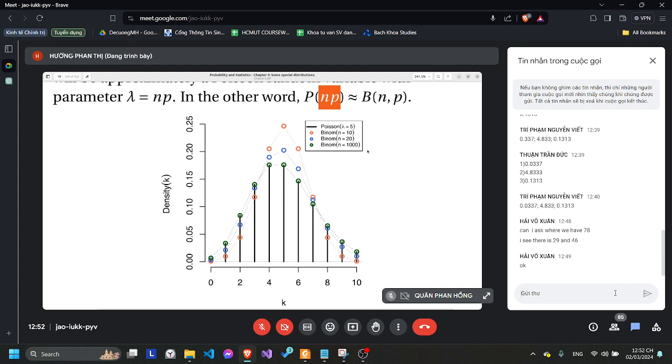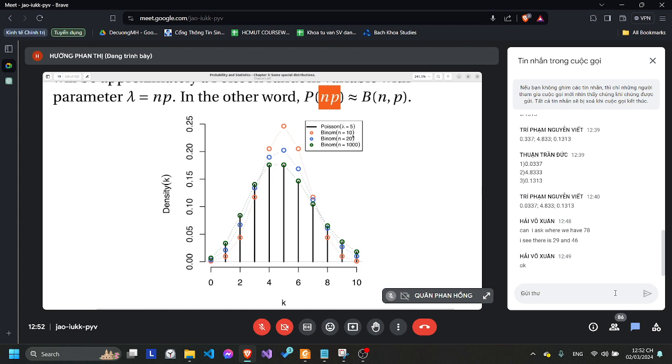So here, the first step, I constructed the Poisson distribution with lambda equal to 5. In this figure, it shows the probability mass function of the Poisson distribution based on the vertical black bars. Then firstly consider the binomial distribution with n equal to 10.